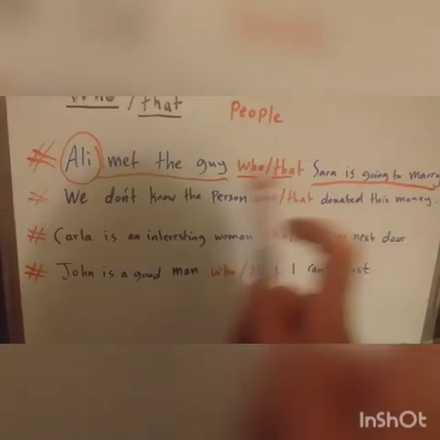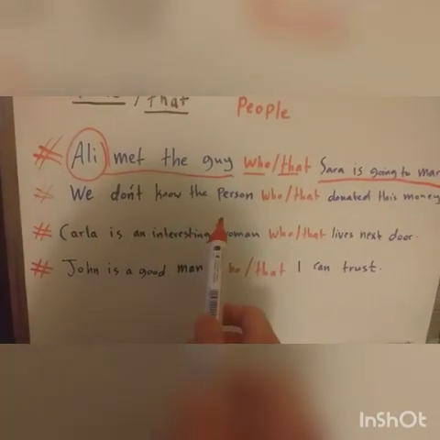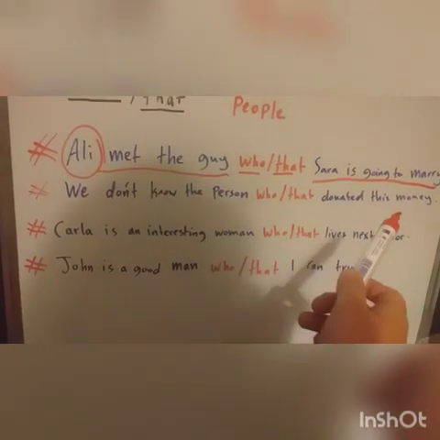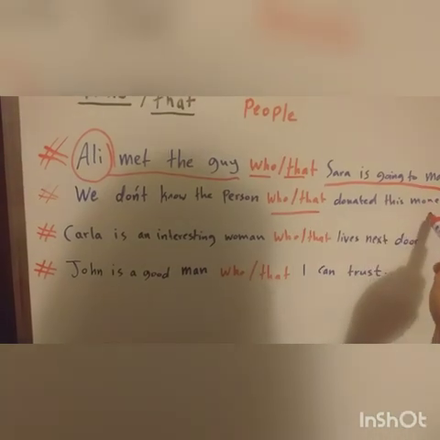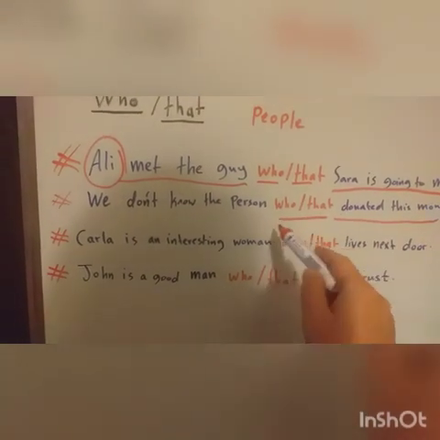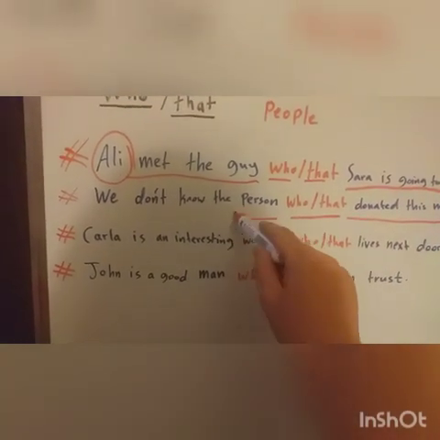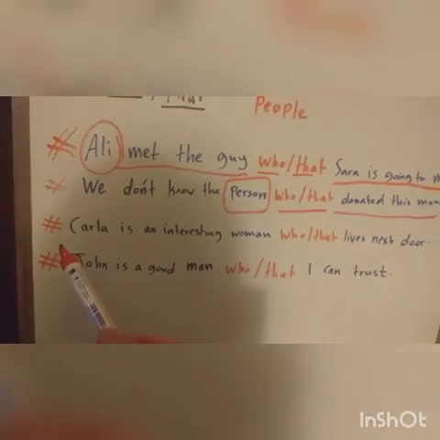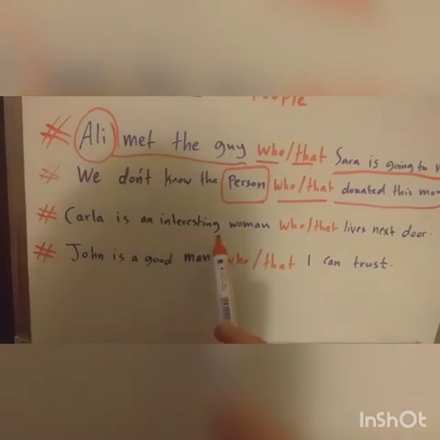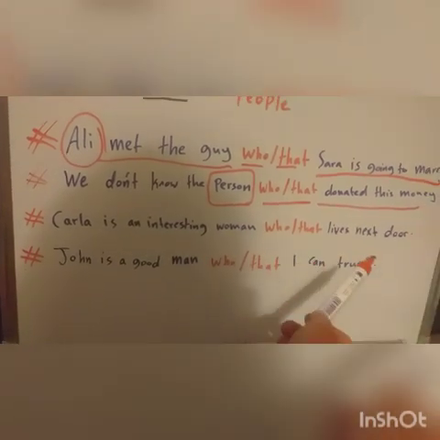Second example. We don't know the person who or that donated this money. In this sentence, we related the donation of money with the person who donated. Third example. Carla is an interesting woman who or that lives next door.